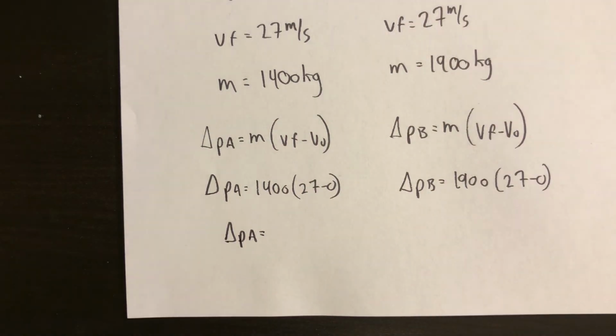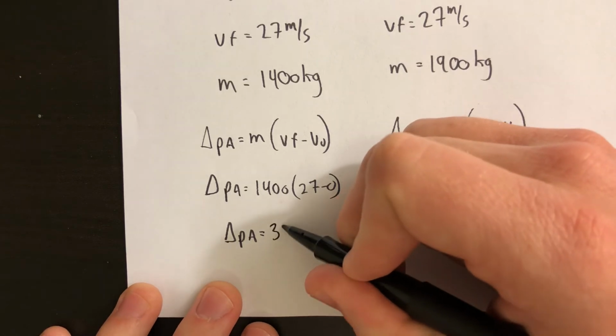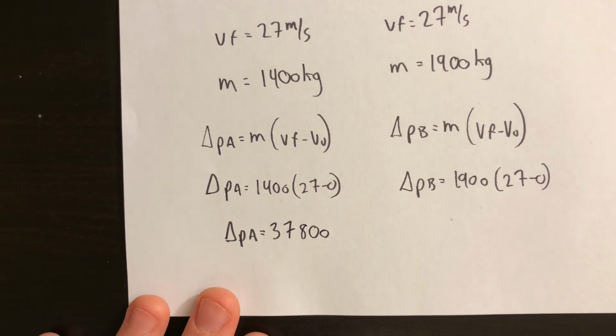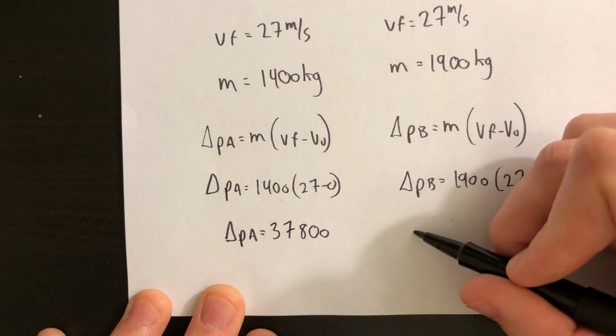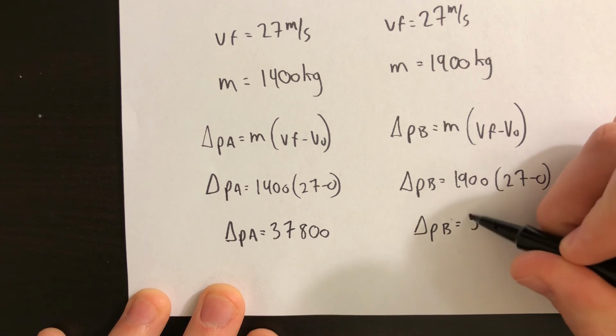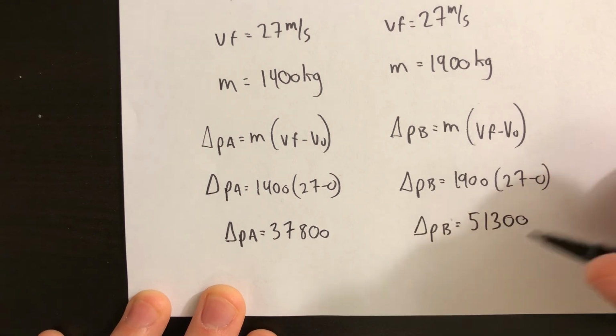So delta PA, we're gonna get 37800. Delta PB equals 51300.